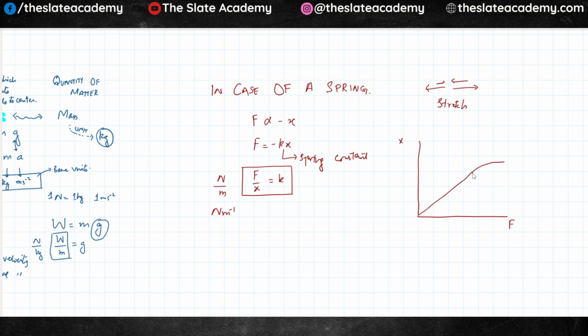So this point, after which the straight line starts to turn, is the point after which the spring stops obeying Hooke's law. By the way, this law is called Hooke's law.